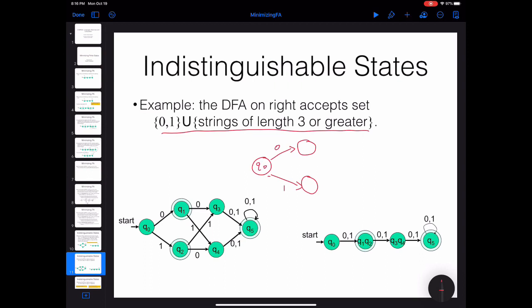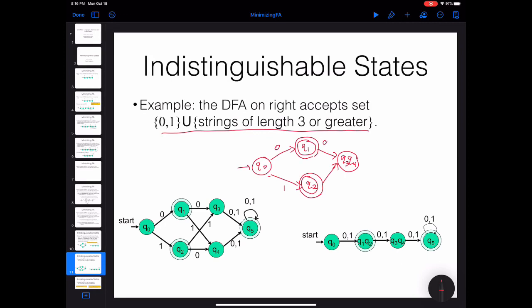From Q0, Q1, Q2, I'm going to just give the same name here, the combination of these two, to make it clear that I'm collapsing, merging Q3 and Q4.